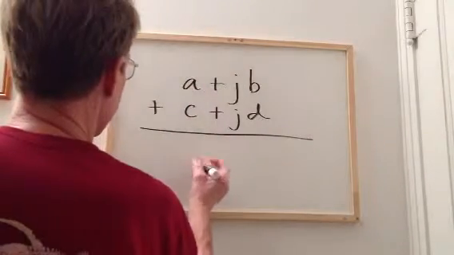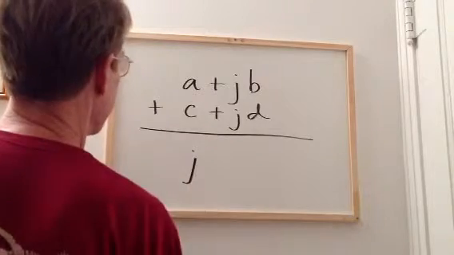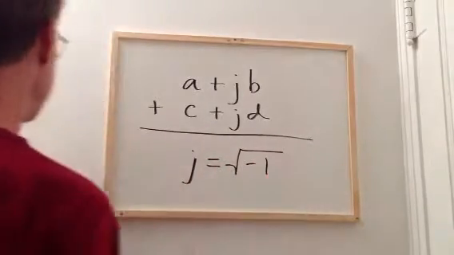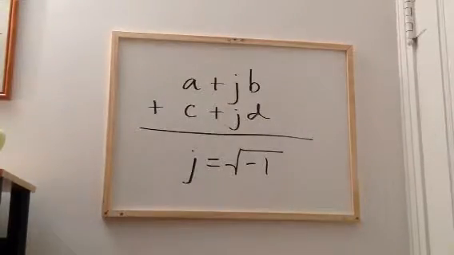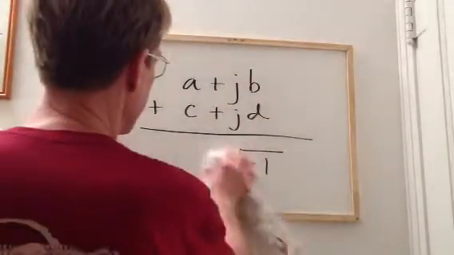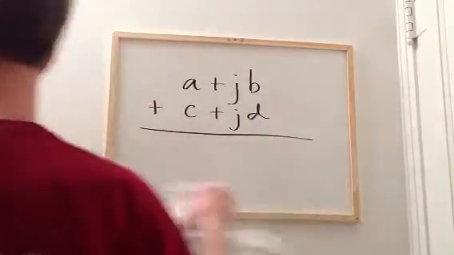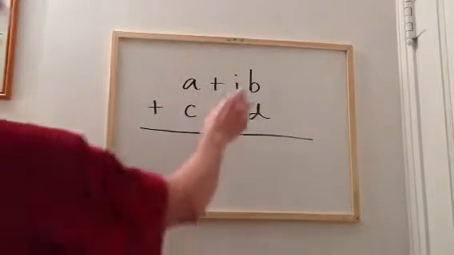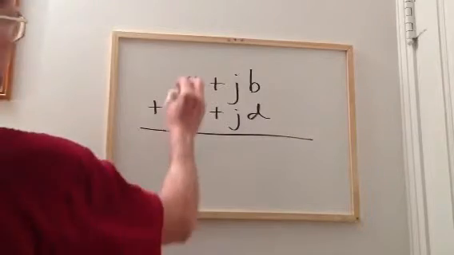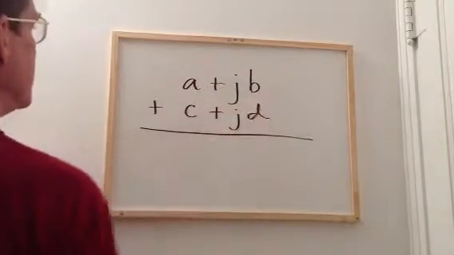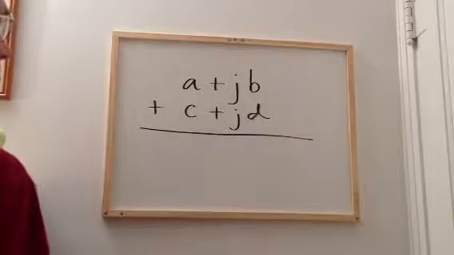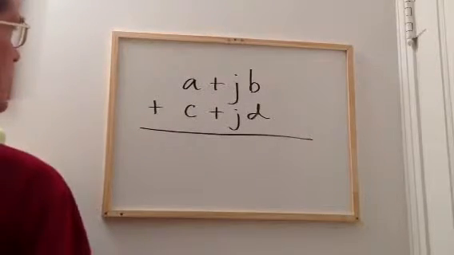Remember that the J operator is defined as the positive square root of -1. And in engineering applications, we write the coefficient after the letter J. A, B, C, and D are real numbers, and J is the positive square root of -1.